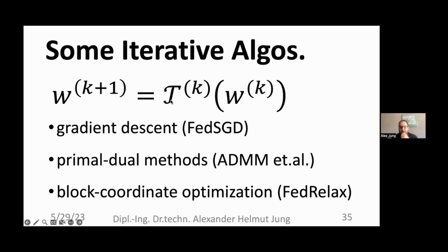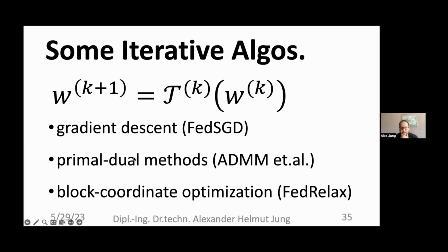So if you use the gradient here, then you obtain anything related to gradient descent, or stochastic gradient descent if you use stochastic gradients to build this map. If you build this map using primal dual optimality conditions, you end up with ADMM or primal dual methods and related variants. Yet another example, which I like very much at the moment, is block coordinate optimization.